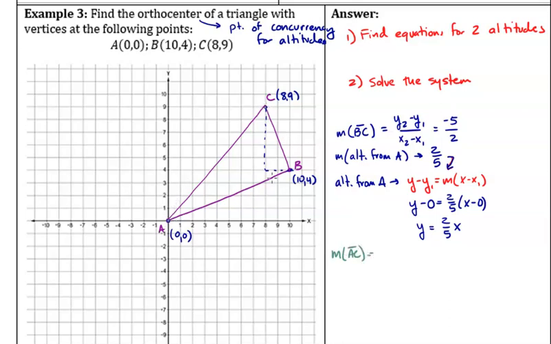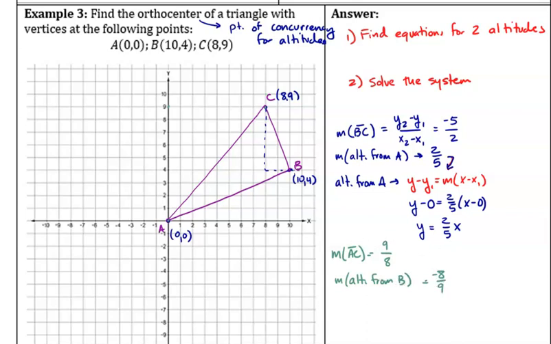This one has a positive slope because it's uphill from left to right. It goes up 9, so it has a rise of 9, and then it goes over 8, so a run of 8. So that's the slope of segment AC. The slope of the altitude from B would then be negative 8 over 9.